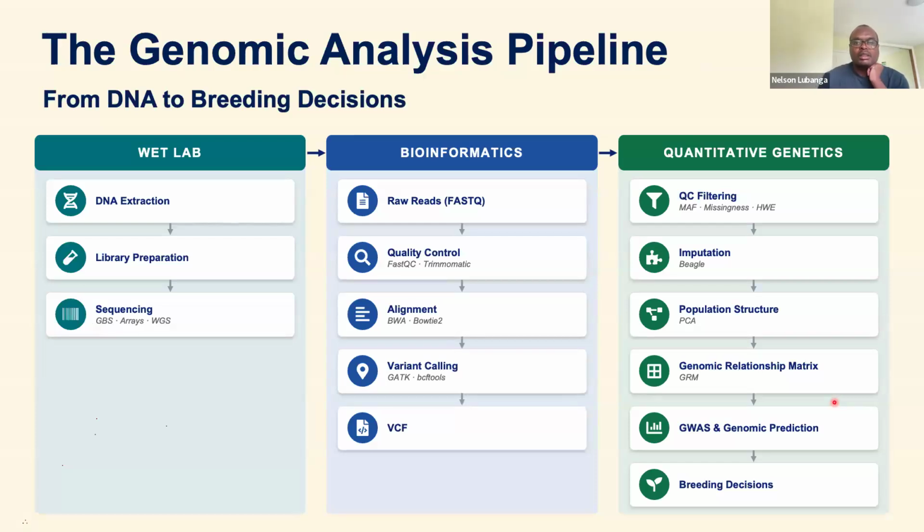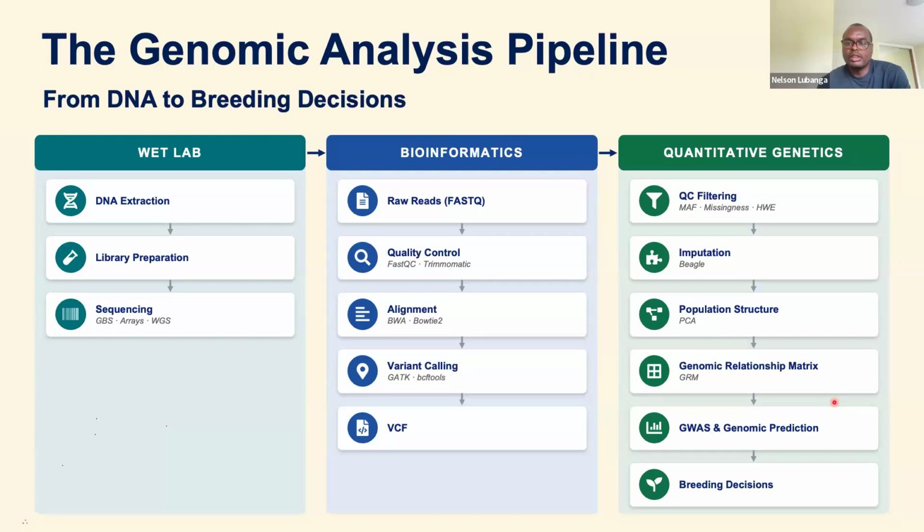Before we start, it helps to see the whole journey from the wet lab to bioinformatics and quantitative genetics. In the wet lab, DNA is extracted, libraries are prepared, and the samples are sequenced. In the bioinformatics pipeline, those raw sequence reads are quality checked, aligned to a reference genome, and turned into called variants, ending in a VCF file.